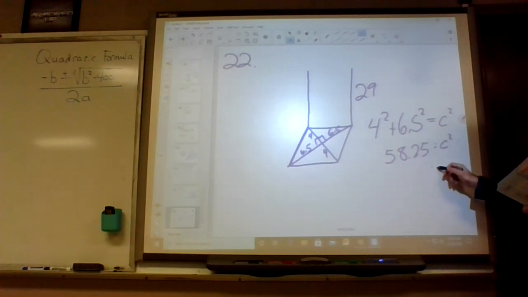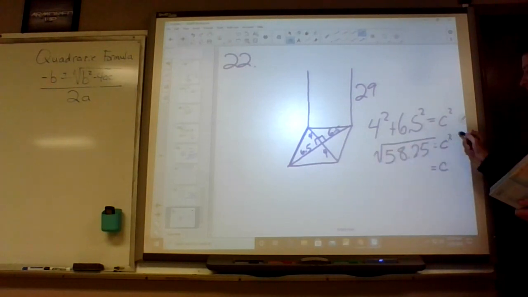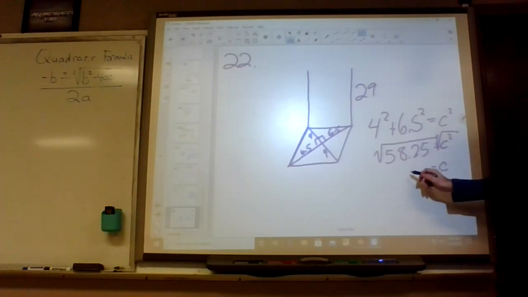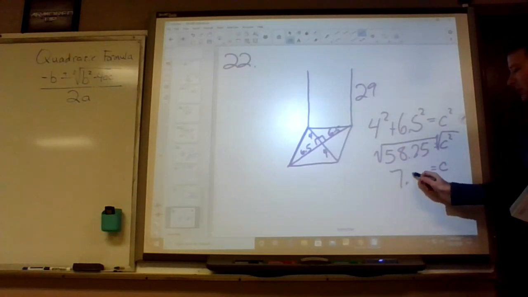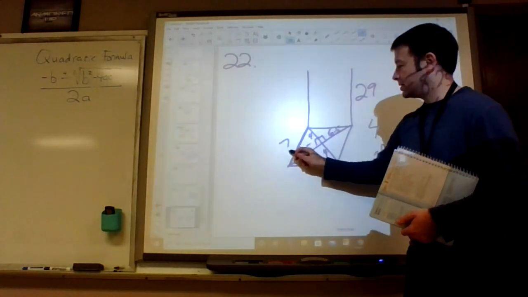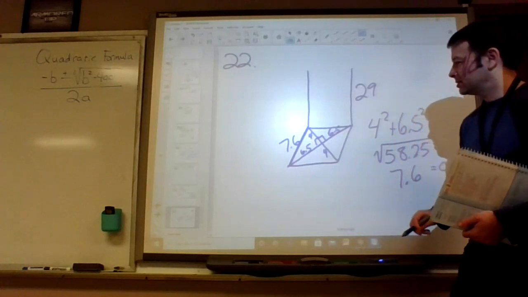So how do we find c? Put it into the square root. Yeah, square root it. So 7.6. Okay, yeah, that's fine. 7.6 is the side of the rhombus.